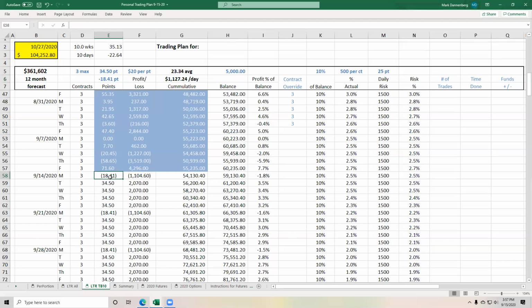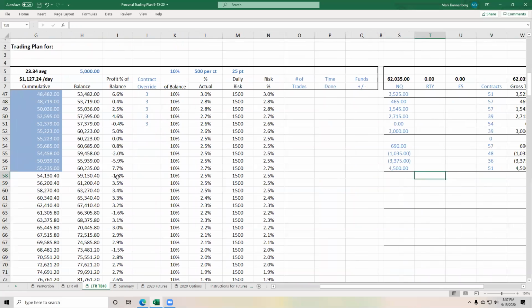So on Monday, now you see how this is a negative number. We allocate for 1 losing day a week on an average, and just for the sake of simplicity in the forecast, we plug that in on every Monday. So Monday's number was intended to be a loss of 18.4 points, and in fact we actually made 10 points.